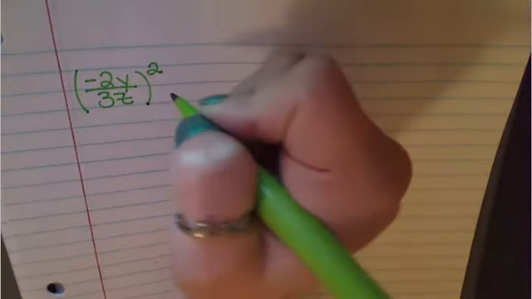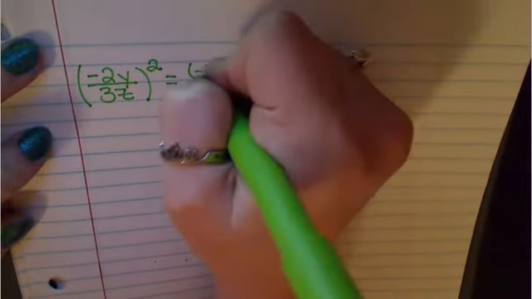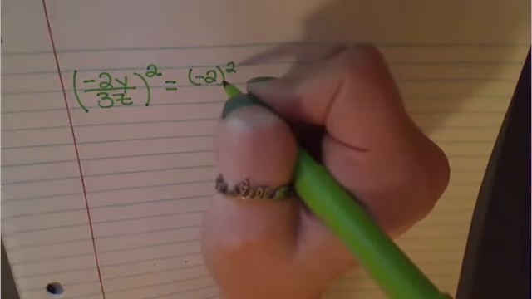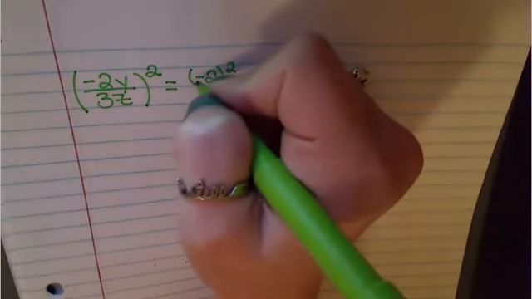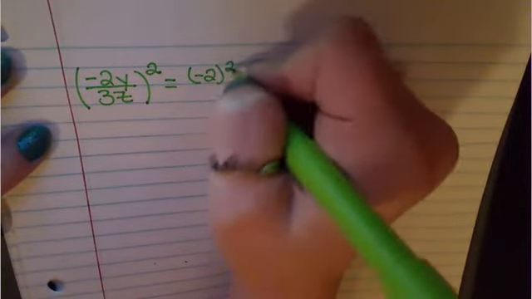Let's distribute that into everything on the inside. So you'd have (negative 2) squared. Notice I put that negative 2 in parentheses so that you don't lose that negative, because that's something that is very easy to do. So you have (negative 2) squared, y squared, 3 squared, and z squared.